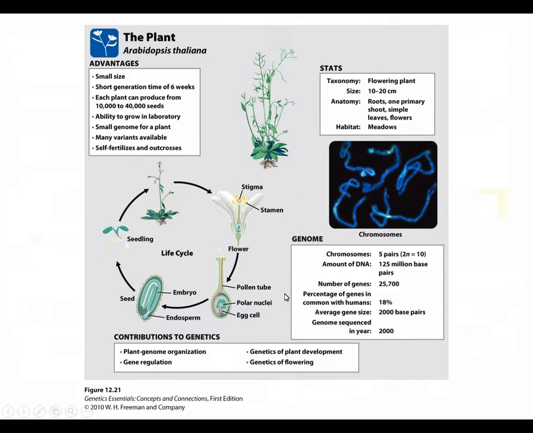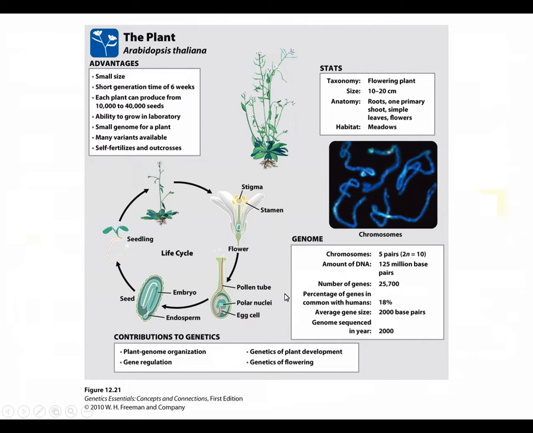The chapter ends with a review of the plant model organism, Arabidopsis thaliana. Primarily, they give an example of how chromatin structure affects the flowering process. I'm not so interested that you know the details of that, but be sure you look over here the advantages of the plant.